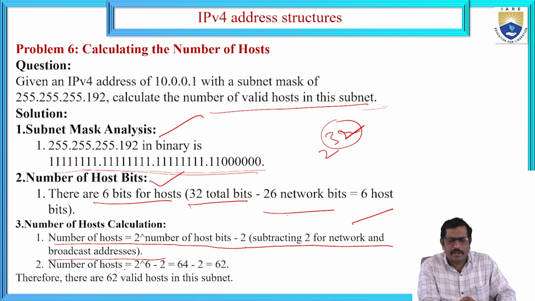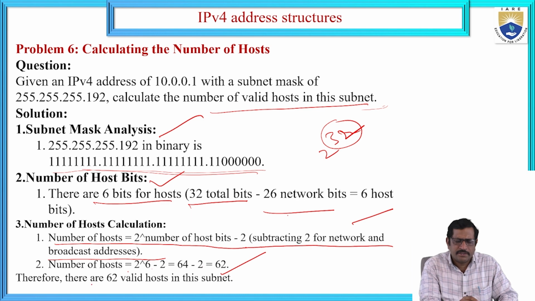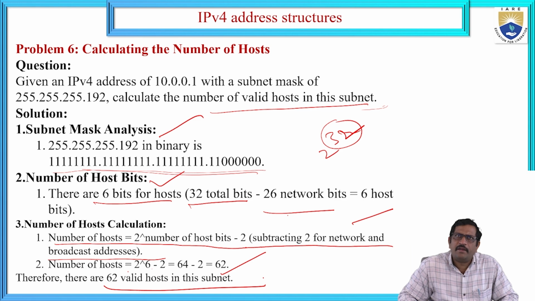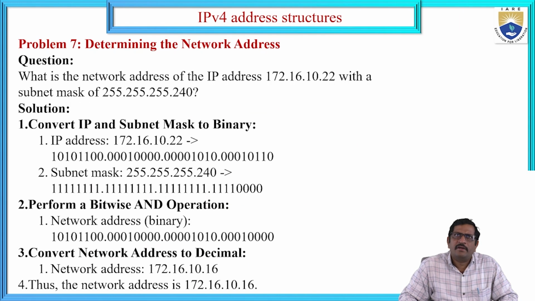Applying this formula, the number of hosts is 2 to the power of 6 minus 2, so 64 minus 2, 62 hosts. That means 62 valid hosts for the subnet. Like this, host validity can be performed.